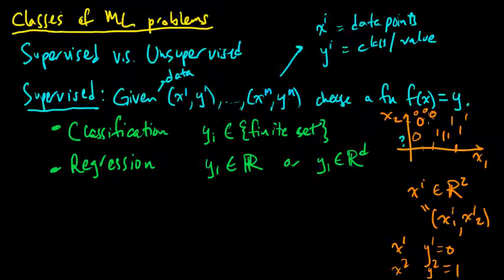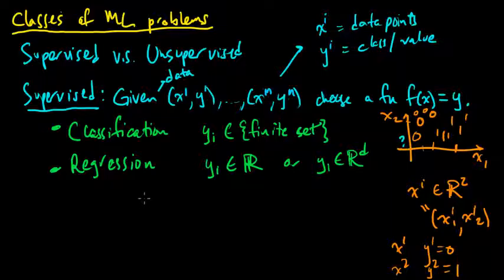Are you going to classify it as a 0 or a 1? You might say it's closer to the zeros. Maybe you draw a line and say it falls on the 0 side of the line. But then if there was a 1 over here, what would you do? So that's a classification problem.